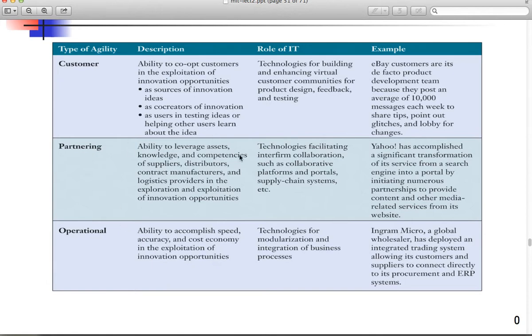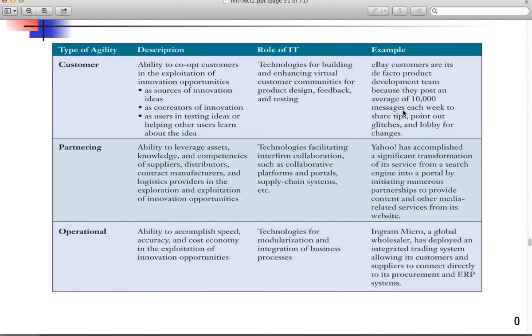And here's just examples, in terms of the role of IT, the description, and some examples. For customers, eBay's customers are its de facto product development team. Actually, they are the customers who use the system. So developing and sharing tips and glitches and having communication among the users of the system was their way of providing better customer support, which is actually Gmail and Google's kind of claim to fame on customer agility as well.